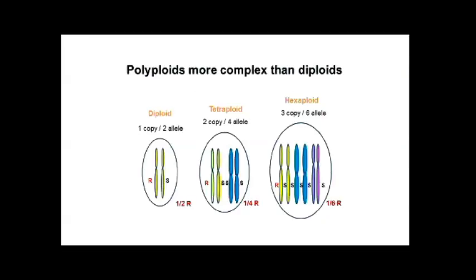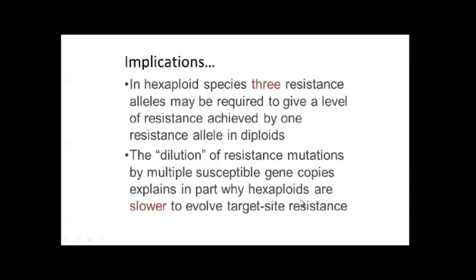And the reason is that, assuming all other factors are the same, we consider the dilution effect of the resistant alleles by multiple susceptible copies of the target genes. The implication is that in hexaploid species like Bahiagrass, at least three resistant alleles may be required to give the level of resistance achieved by a single allele in diploids.